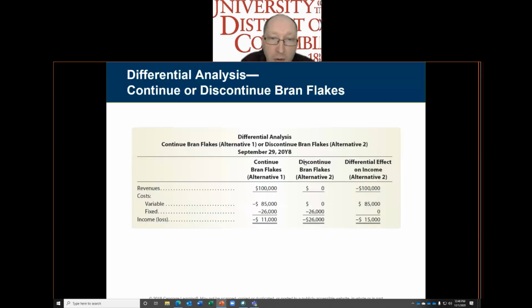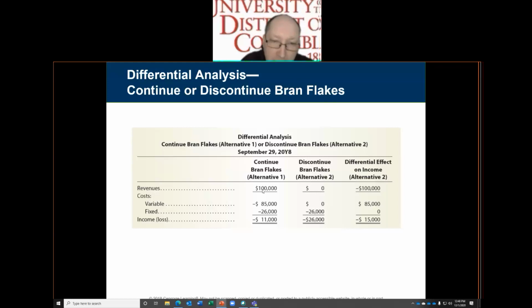If we are looking to discontinue our Bran Flakes or continue it, we look at a differential analysis. We take the revenue and the costs associated with that product. Revenue, $100,000. Variable cost, $85,000. Fixed cost, $26,000. That gives us a loss of $11,000 for that product.